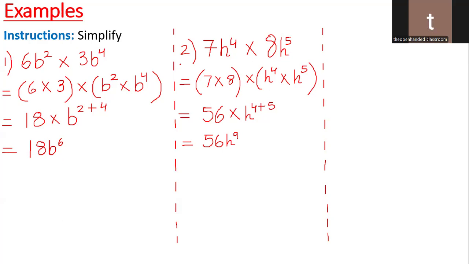Explain how we got number 2. Okay, so we're saying 7 times 8 times 8 over 4 times h over 5. And then you bring down 56 because 8 times 7 is 56.